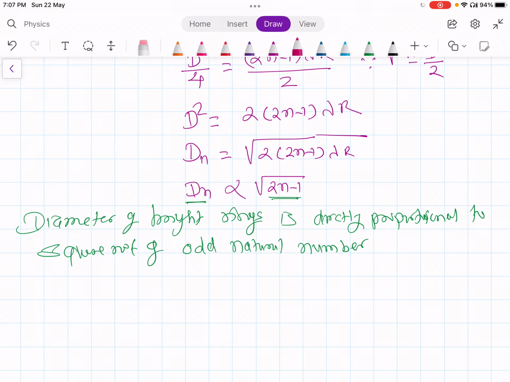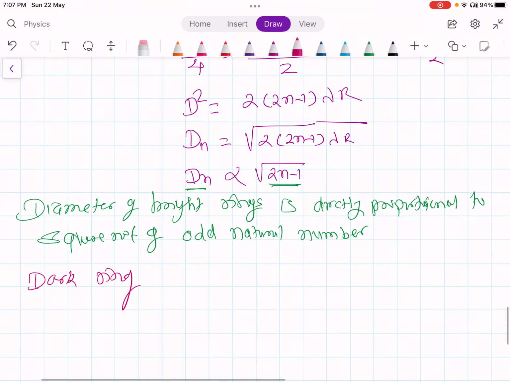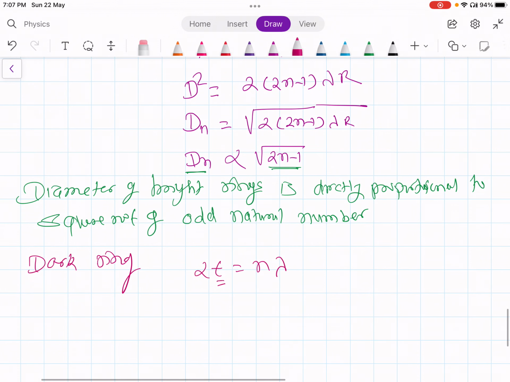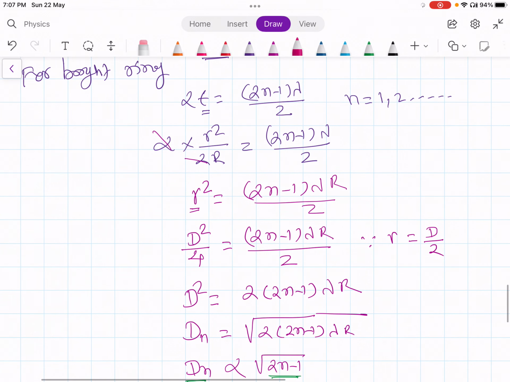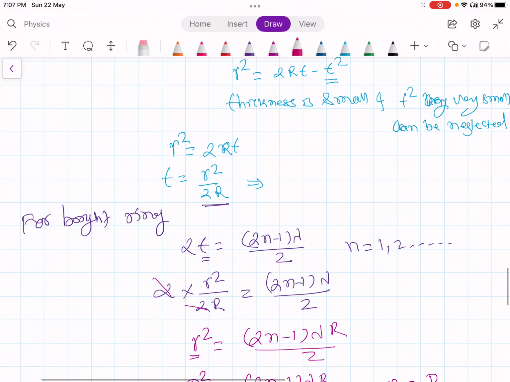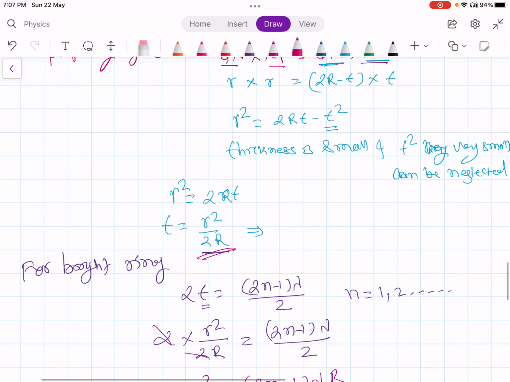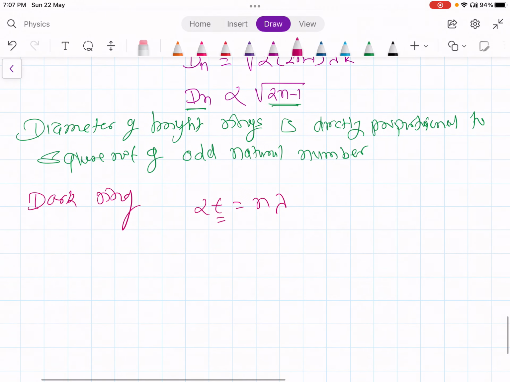Then consider the dark ring. For the dark ring, we know that 2t is equal to n lambda. Let us replace this t with this quantity, r square upon 2R.